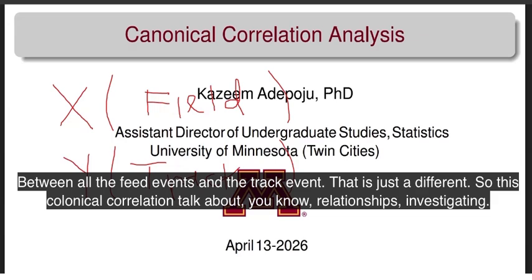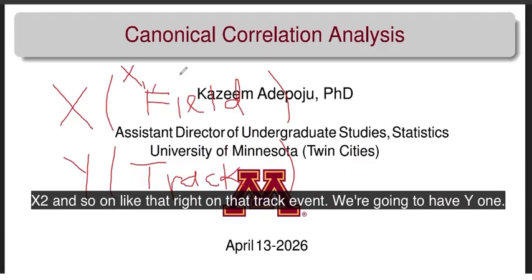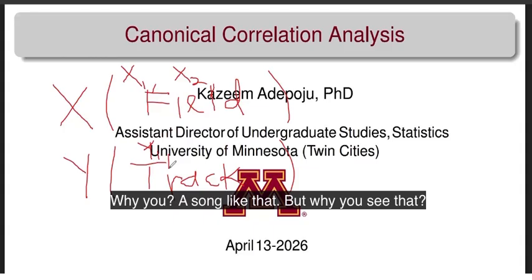That is just the difference. So canonical correlation is about investigating relationships between two sets of events. Under the feed events, don't forget, we have so many: X1, X2, and so on. On the track events, we're going to have Y1, Y2, and so on.